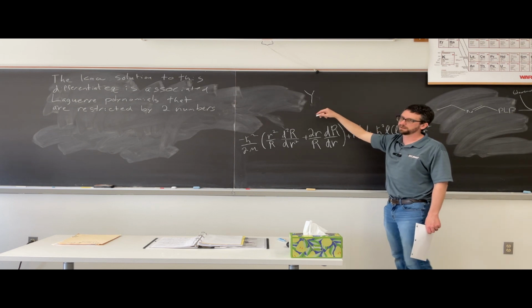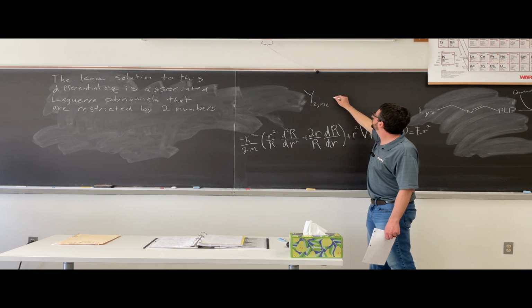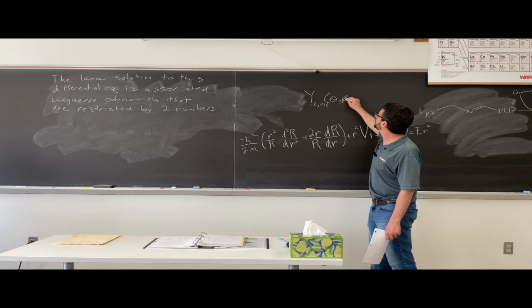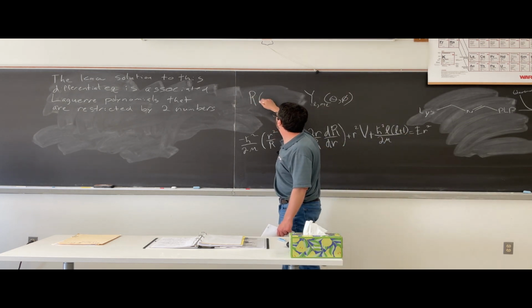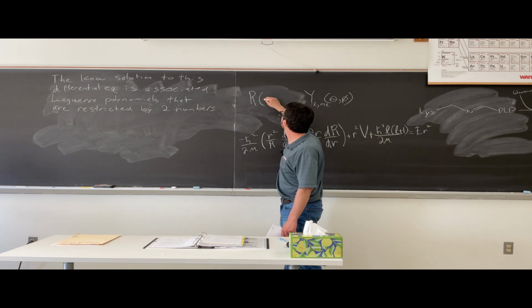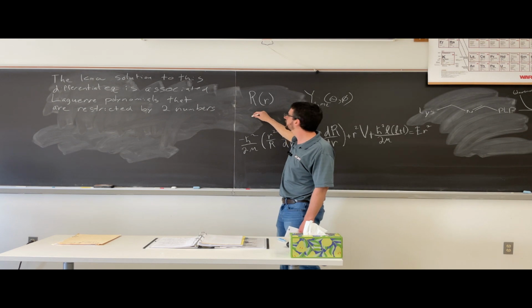What subscripts do I need here? Yep. Yep. And what does it depend on? Yep. Okay. And then R. What does R depend on? Yep, little r. And there's one more subscript that actually should go here.